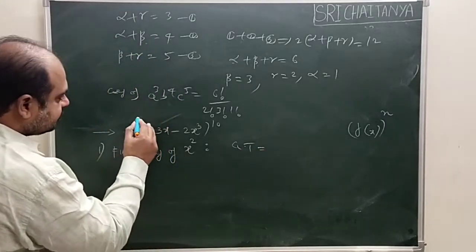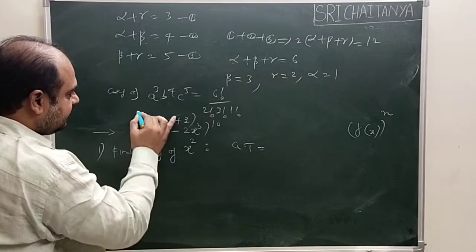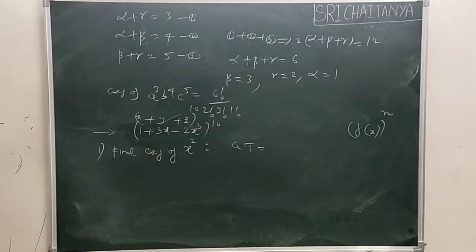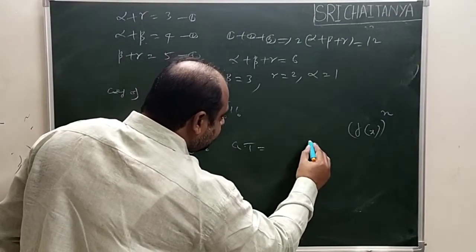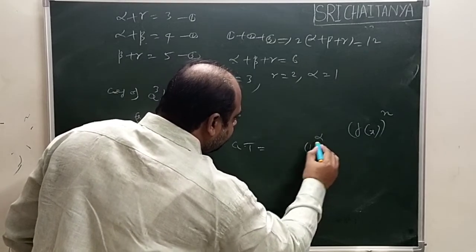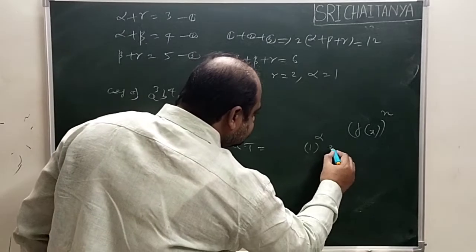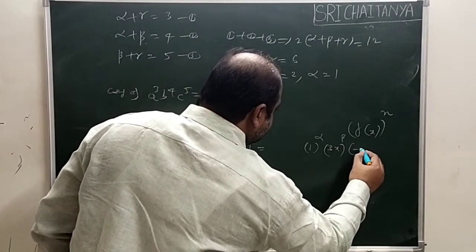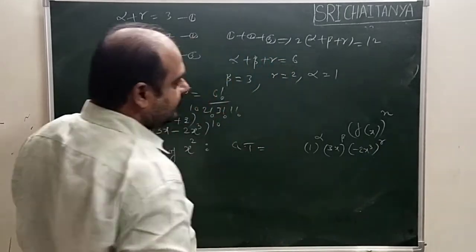General term. So this is x, this is y, this is z. You consider it like x plus y plus z whole to the power 10. Write the general term: variable 1 to the power alpha, into 3x to the power beta, into minus 2x cube to the power gamma.